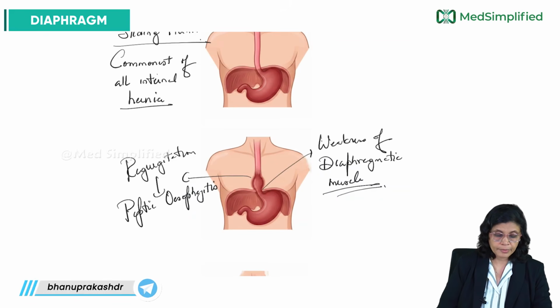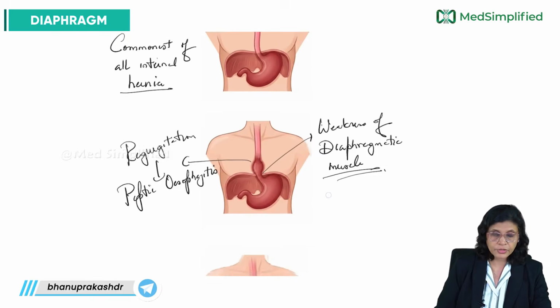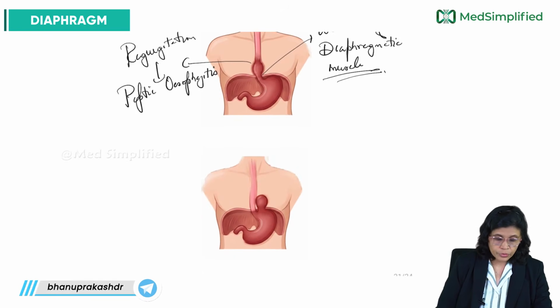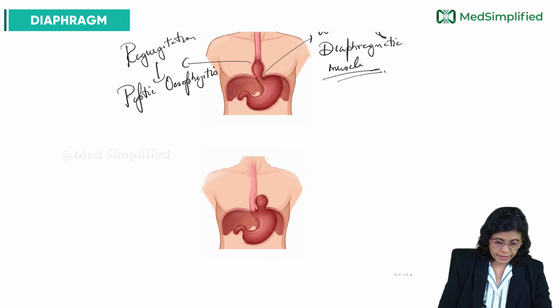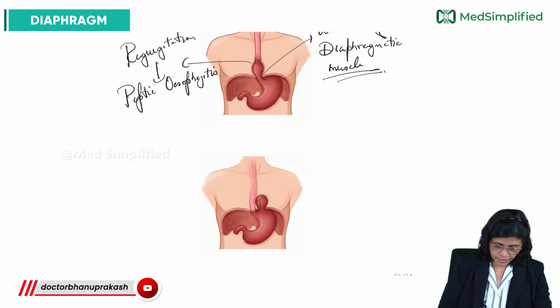So they will have that burning sensation. The patient complains of heartburn. Usually this condition is associated with a short esophagus, an esophagus which is generally a little shorter. Here we can also see the herniation of the stomach.